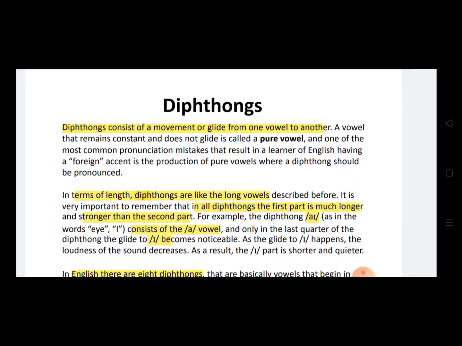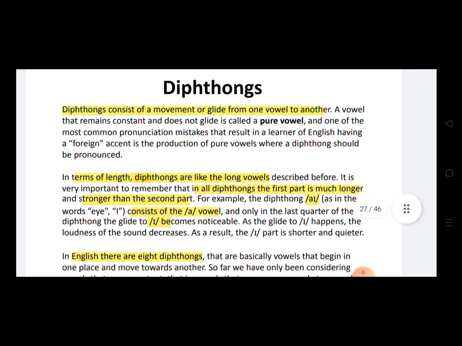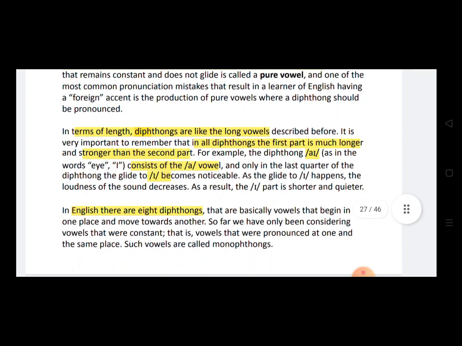Diphthongs, as I already told you, are vowels with two vowel qualities, and they consist of a movement or glide from one vowel to another. We can say that it begins from one vowel and ends in another vowel. So the symbol of these diphthongs consists of two vowel symbols combined to be pronounced as one whole.